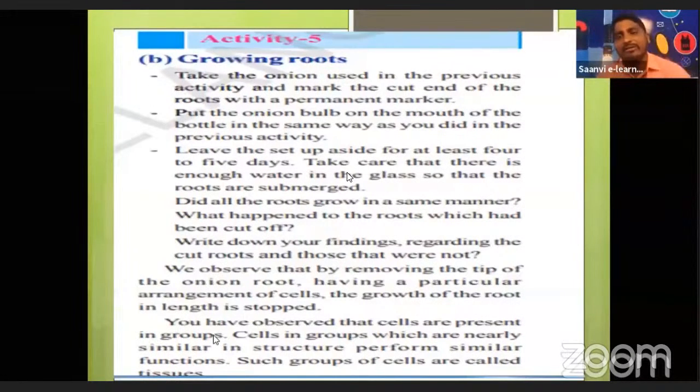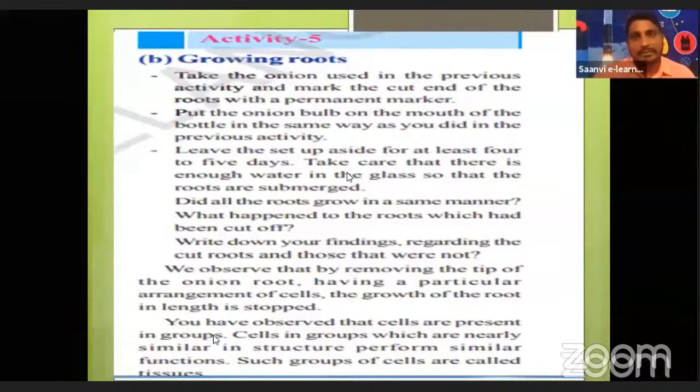That's why a single cell only can perform. For example, at your home, you are the only person. All your family members have gone somewhere. Who will do all the works? Then you only, because only one person is there in that home.